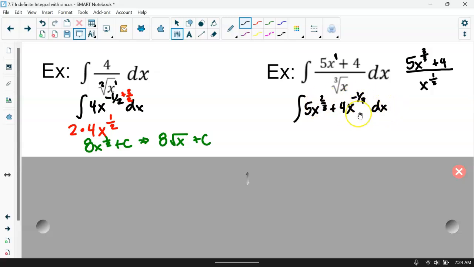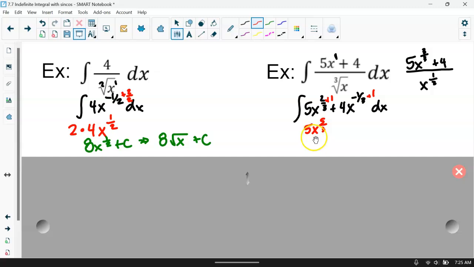So this is what we're going to find the integral of and apply the power rule. So again, adding 1 to our exponents. So this is 3 over 3 that we're adding, right? So this becomes 5x to the 5/3 power.